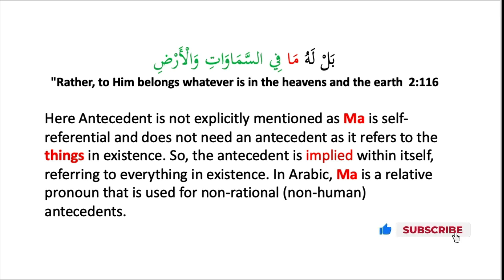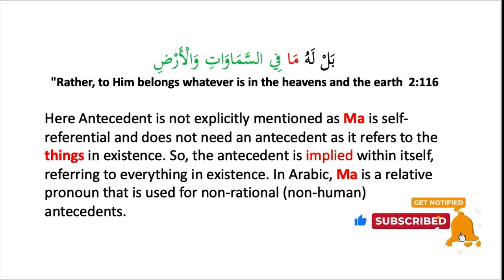And ma as an Ismul Mowsul will not have an antecedent. There will not be a subject clearly mentioned where ma is playing the role of a Ismul Mowsul. So ma is self-referential and does not need an antecedent as it refers to the things in existence. So the antecedent is implied within itself, referring to everything in existence.